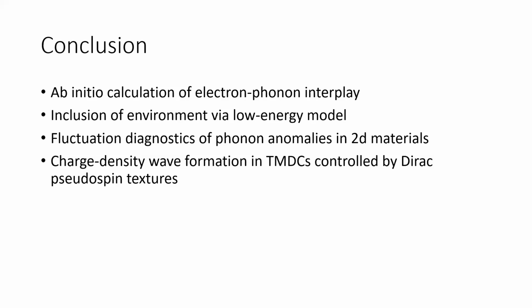And this can be done efficiently via low energy models, where the concept of downfolding to a few band model allows us to parameterize all environmental effects and do efficient but still accurate calculations to see what the environment really does.